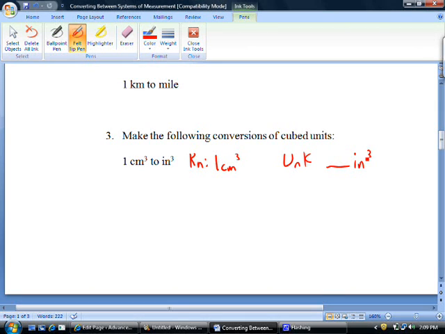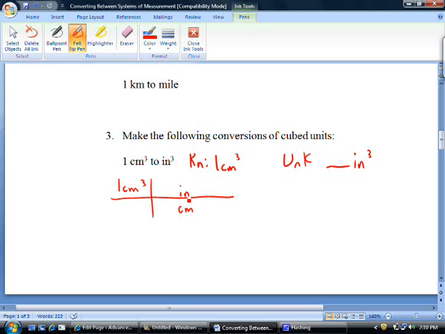Well, how many cubic inches is that? We're going to write here our 1 centimeter cubed, and then we're going to convert centimeters to inches. And so I want centimeters to cancel and my new unit to be inch.